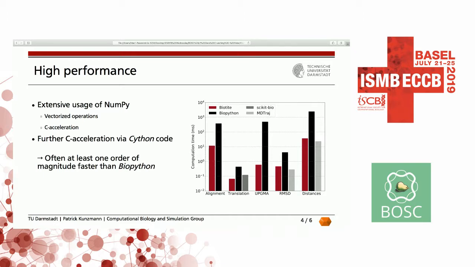For example, if you look to the right, here the pairwise atom distances in the structure are measured. In Biotite, this is quite fast because all coordinates are stored in a single NumPy array, whereas in BioPython, for example, you have to iterate over each single atom instance. And this is the reason why it's a lot slower in this case.